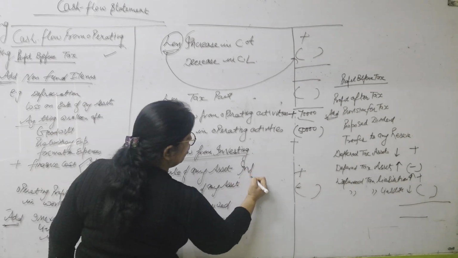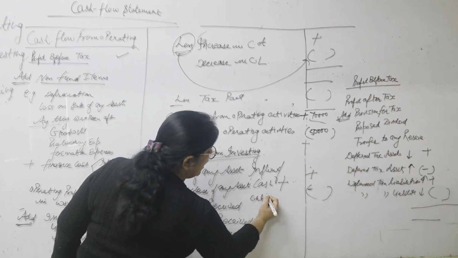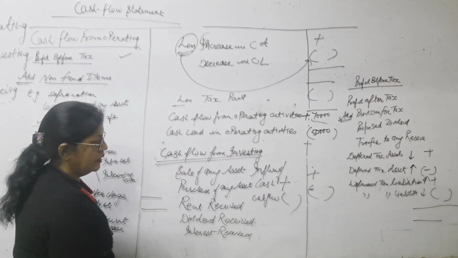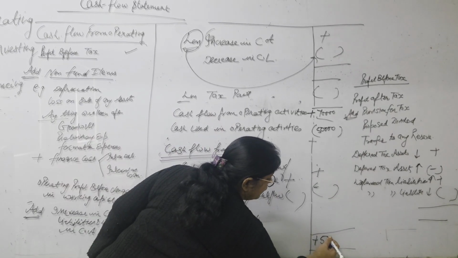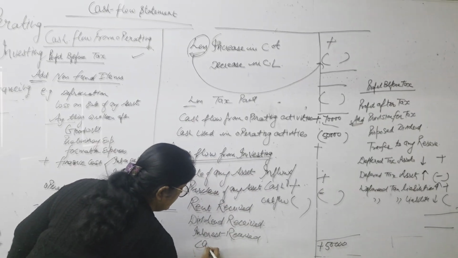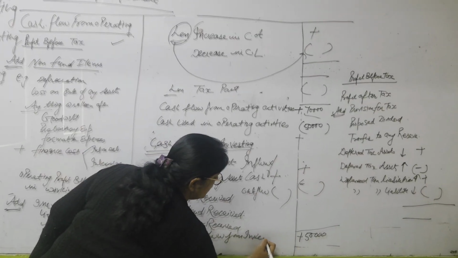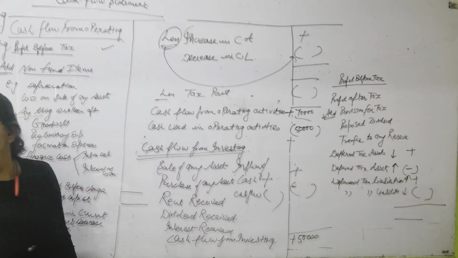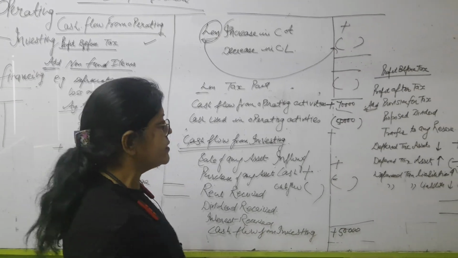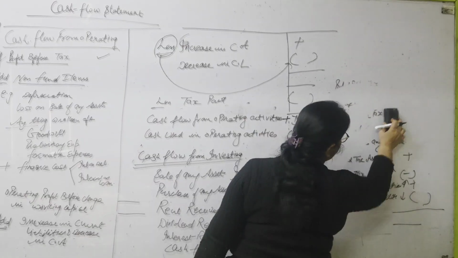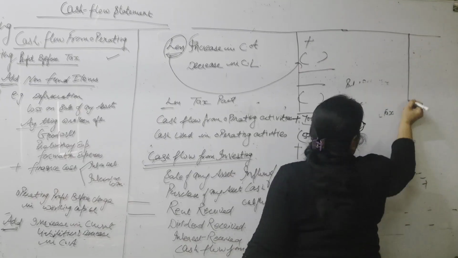Means inflow of cash be plus and outflow minus. If you will get plus 50,000, then cash flow from investing. If you will get minus 50,000, then it will be cash used from investing. And the last activity is cash flow from financing activity.